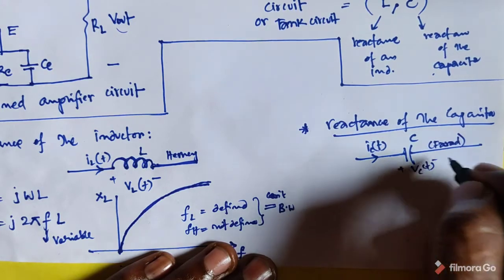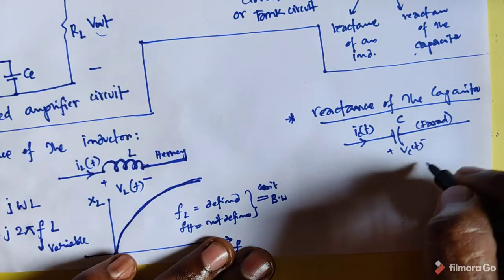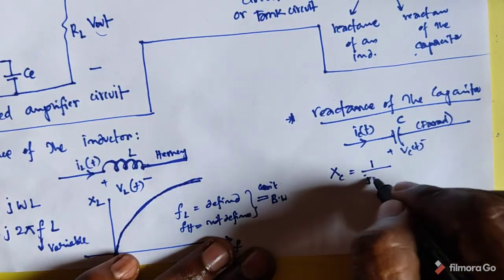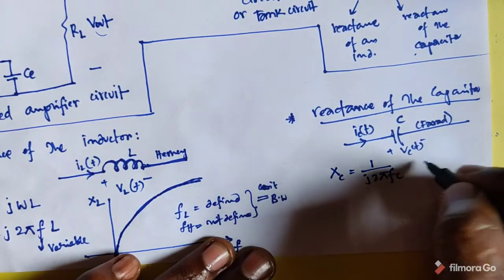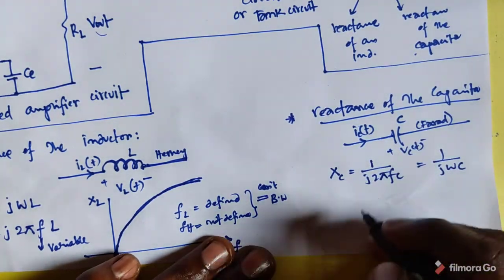Then you can calculate the reactance of the capacitor, XC, which is equal to 1 by j 2 pi FC, that is 1 by j omega C, in terms of an imaginary function.